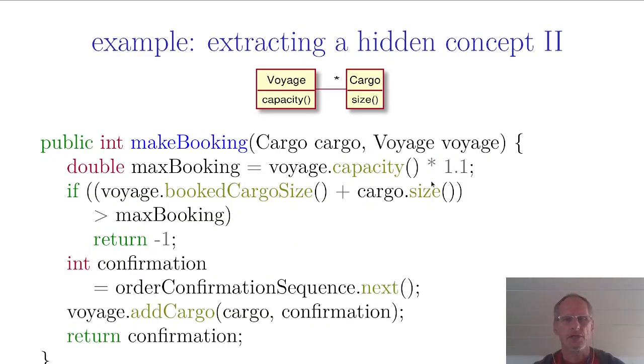In this situation, where we have a voyage composed of cargo, we might come up with the following source code.